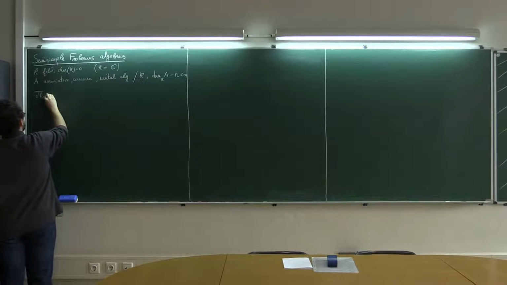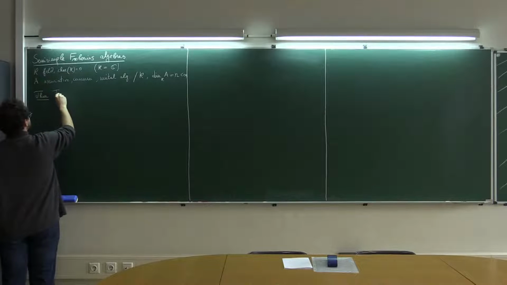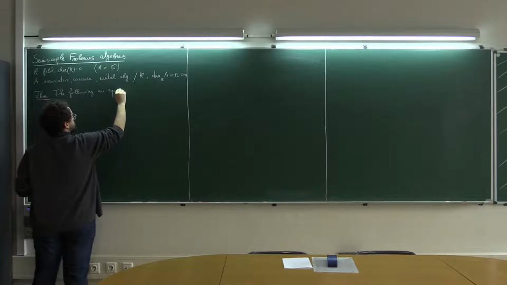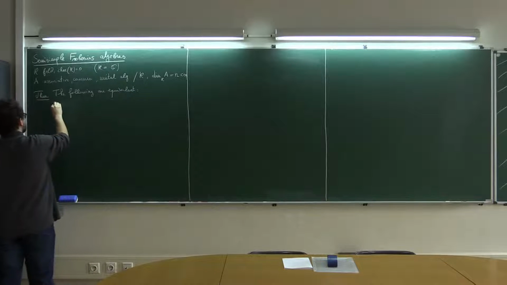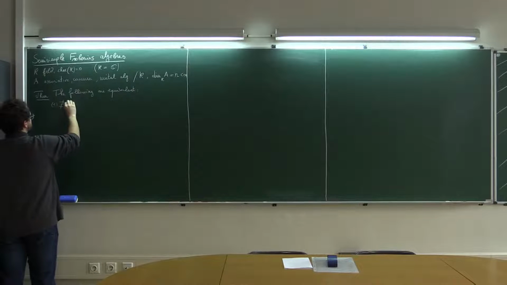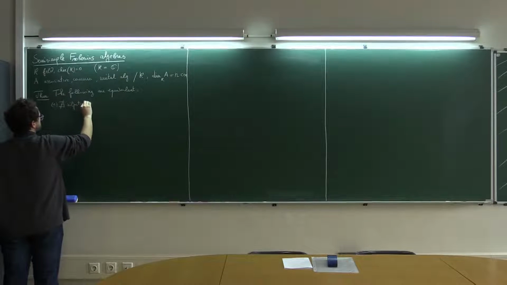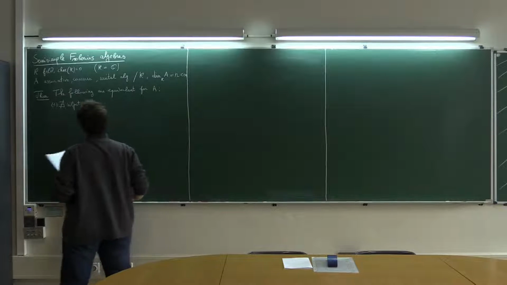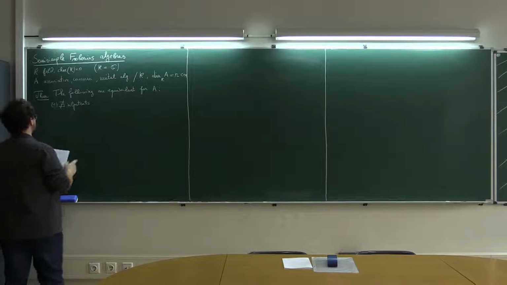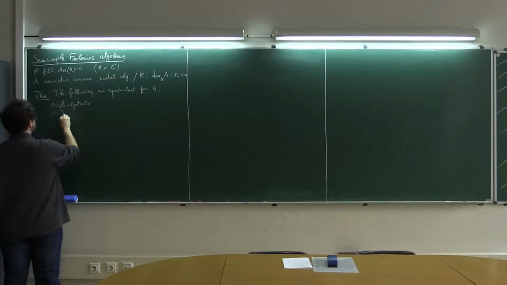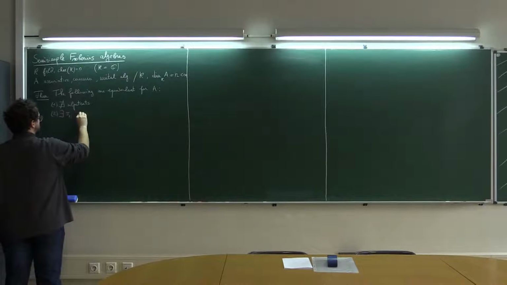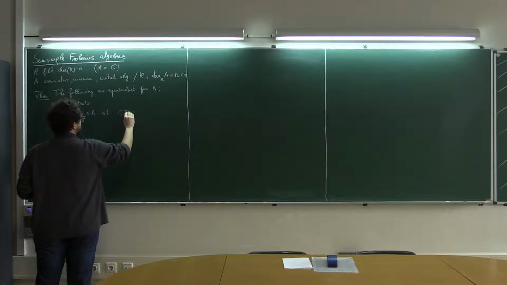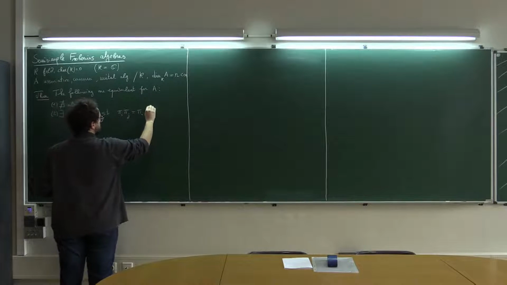We have the following theorem. The following conditions are equivalent for the algebra A. Condition 1, there are no nilpotents in the algebra A. The second condition is there exist vectors pi_1, ..., pi_n in A such that the product of pi_i times pi_j equals pi_i times delta_ij.